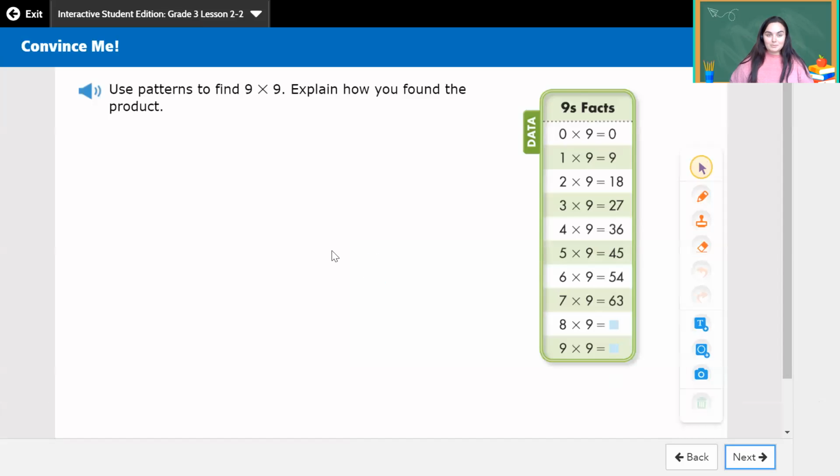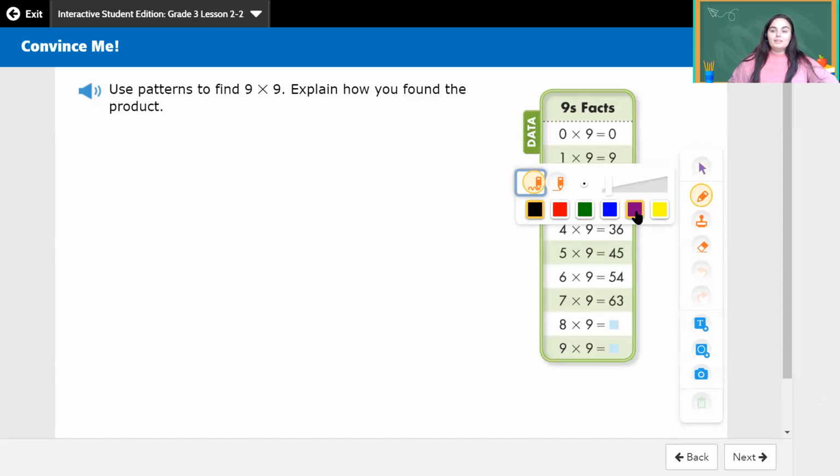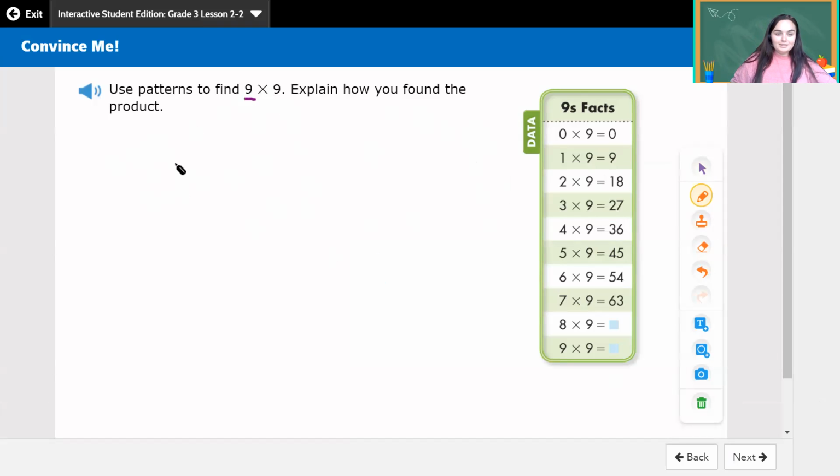Okay, so this is the convince me part. It says use patterns to find 9 times 9. Explain how you found the product. So if we were going to do this, and a moment ago they told you the 10-factor version, if we multiply 9 by 10, that'll give us 90.